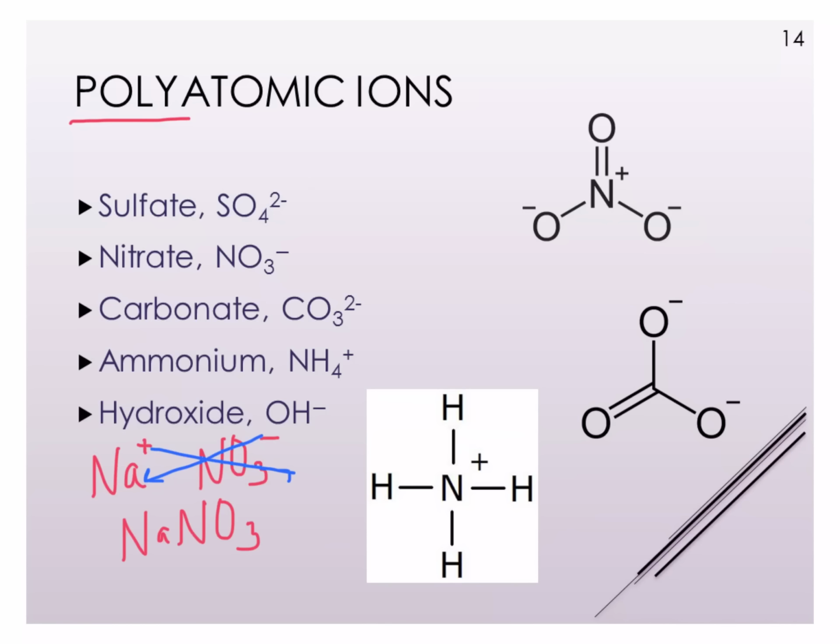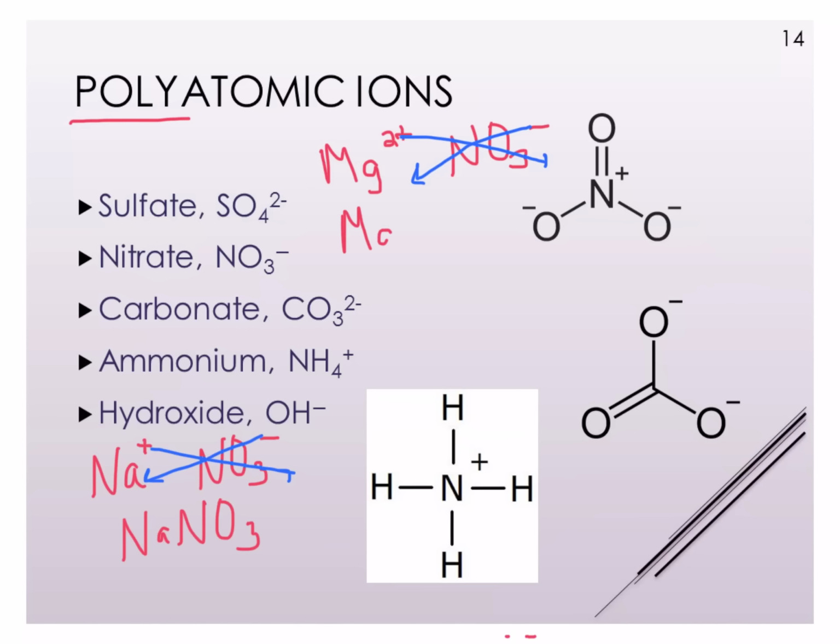Now, when I start looking at the polyatomic ions where I'm going to have more than one of them, I have to write things just a little bit differently. So if I look at an example of magnesium with, say, nitrate, what I find is that I can't have just one magnesium and one nitrate because I don't have a balance in charge. I'm not going to end up with an electrically neutral compound if I have a 1-to-1 ratio. I can do the same thing that I did before. I can look at my charges and make those my subscripts, but the way I need to write this is a little bit different.